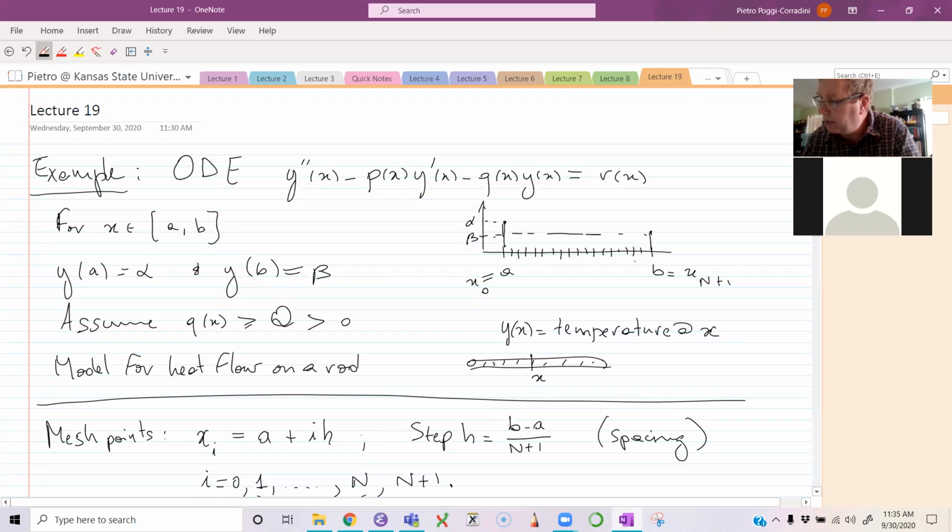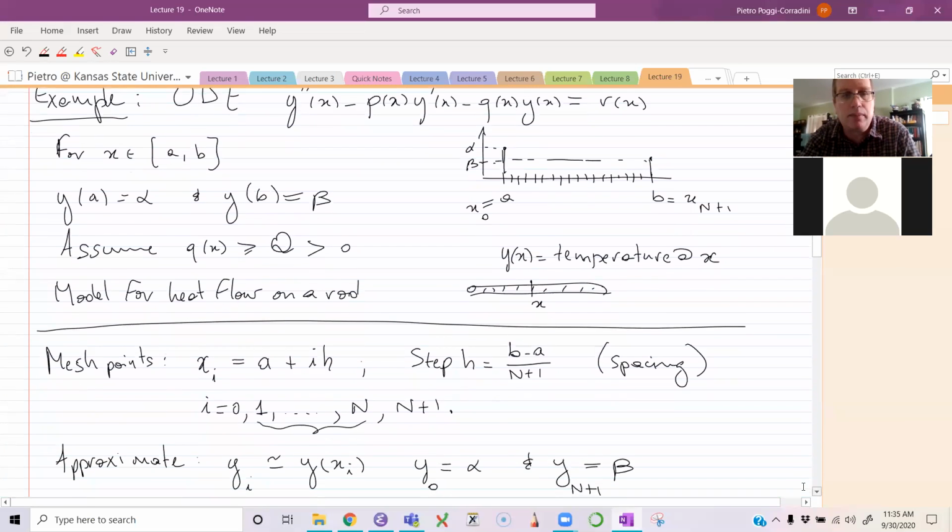So we put endpoints in between a and b. These are the points x1 through xn. The step h has a given formula in terms of n.